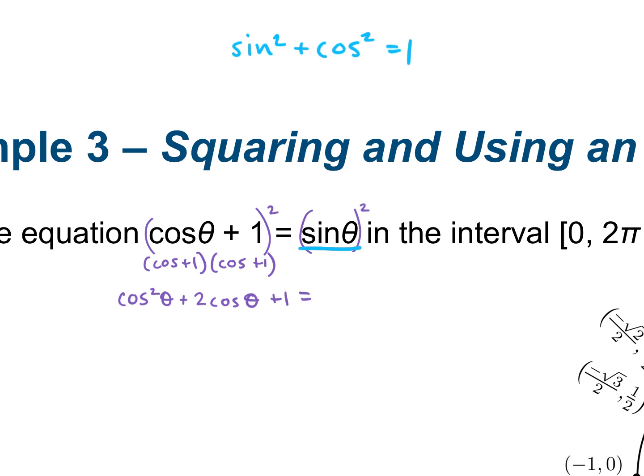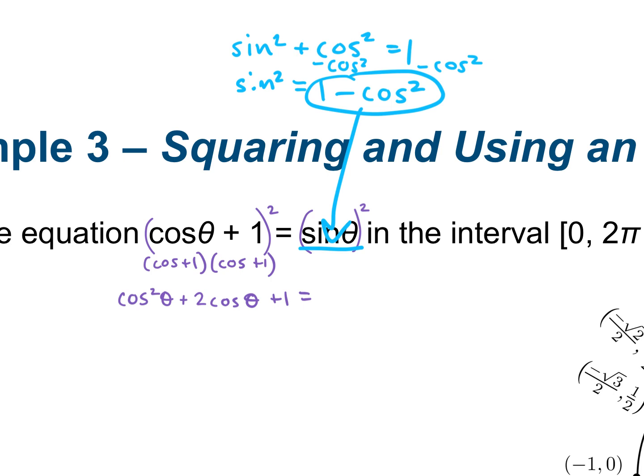If I'm going to replace sine squared, I want to figure out what sine squared is equal to. So sine squared would be equal to, when we subtract cosine squared to the other side, 1 minus cosine squared. So we're going to take 1 minus cosine squared and plug it into the sine squared.